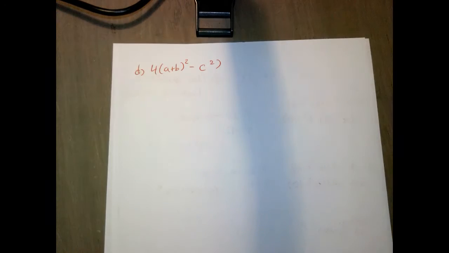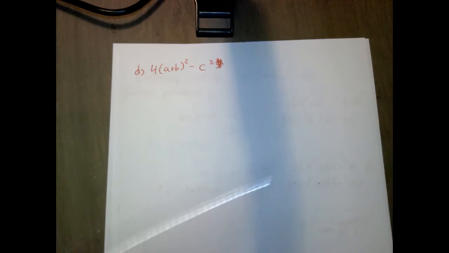There we go. So I have 4 times a plus b squared minus c squared. Now, this is actually a binomial. I have a term here, and I have a term here.